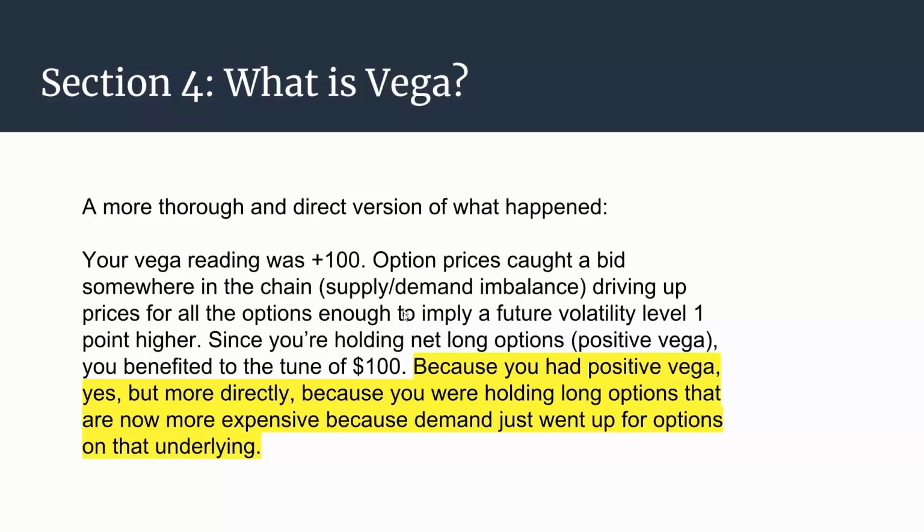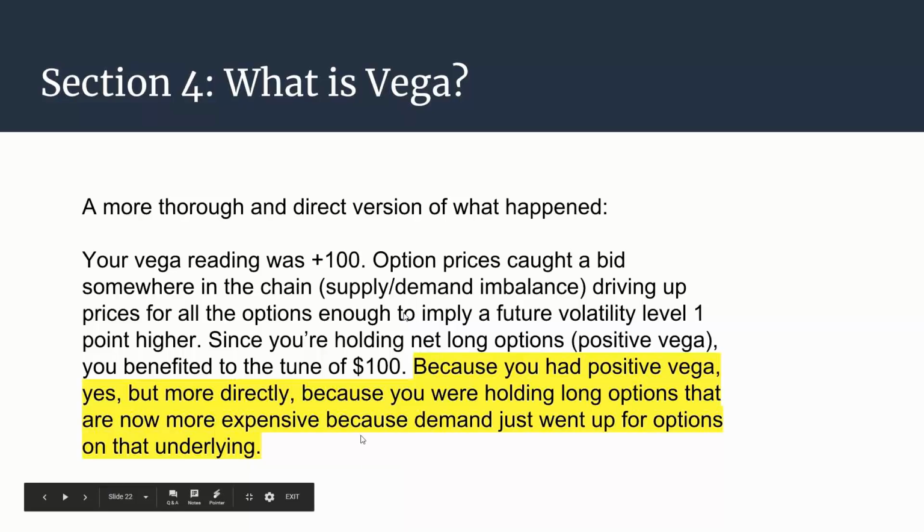So all the option prices just went up, implying more movement in the future, or more volatility. And since you're holding net long options, you benefited to the tune of $100 in this case. Because you had positive Vega, but more directly because you're holding long options that are now more expensive because demand went up. So it's all about a supply and demand shift, basically.